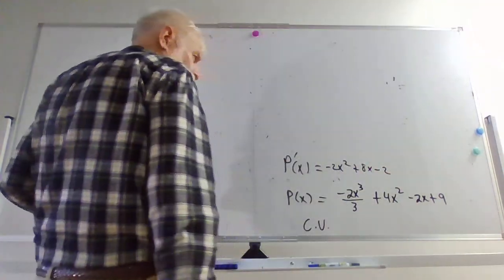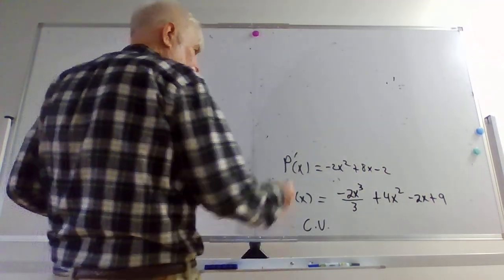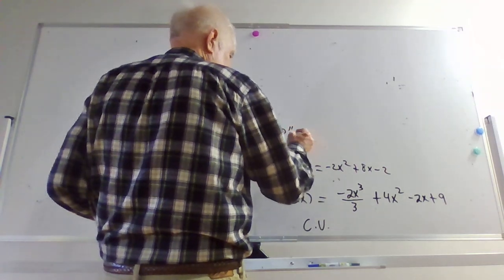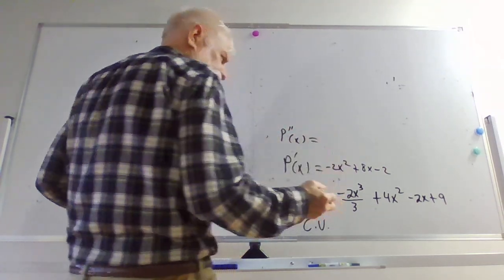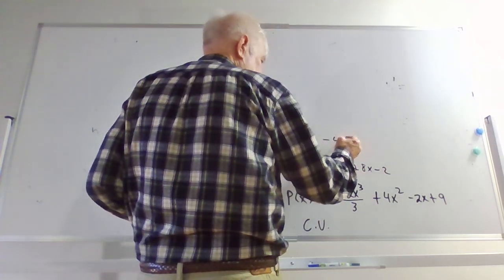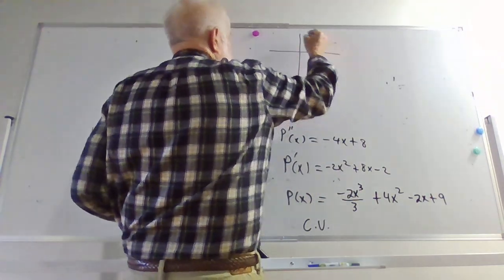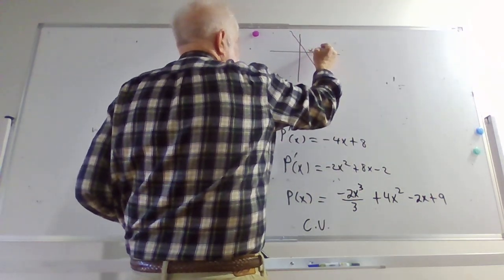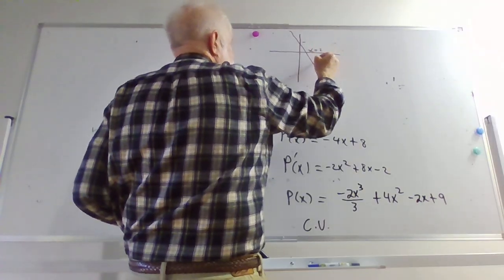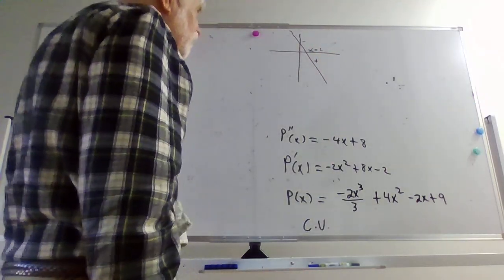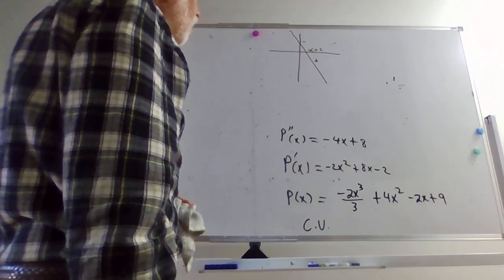We also need to know where the concavity changes, so we're going to do double prime, which is minus 4x plus 8. Minus 4x plus 8 cuts through at x equals 2, changes from negative to positive, and we're looking for local min. So local min.